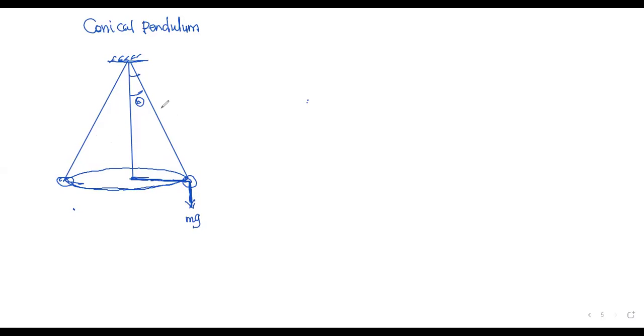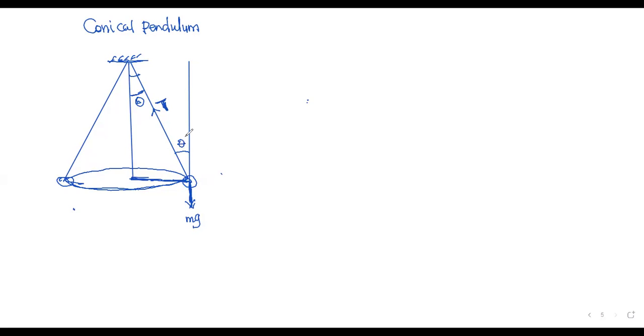Conical pendulum. This is a string. There is tension in it, so let T represent the tension within the string. If we extend this weight vector here in the opposite direction, we have this angle also alternating with this angle.